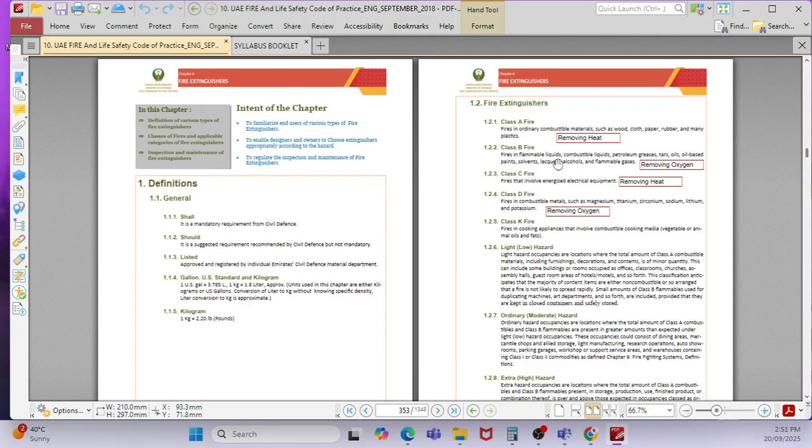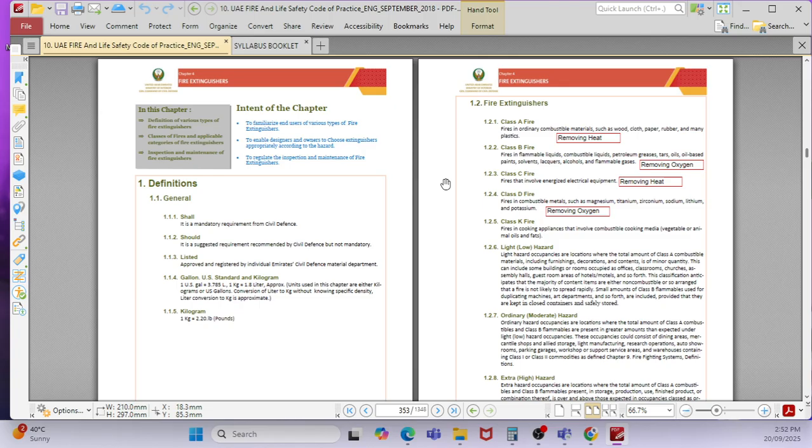For Class B, since it is a liquid or combustible liquid, petroleum greases, you are removing the oxygen. For example, there is a fuel container. You cannot remove the heat from the oil. If the oil is on fire, the heat will be there in the oil, and it takes time.